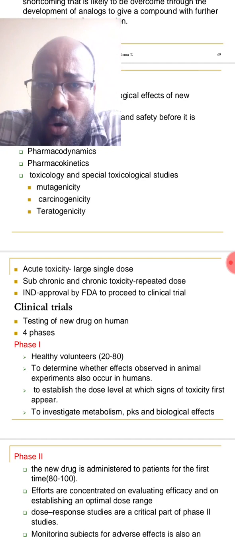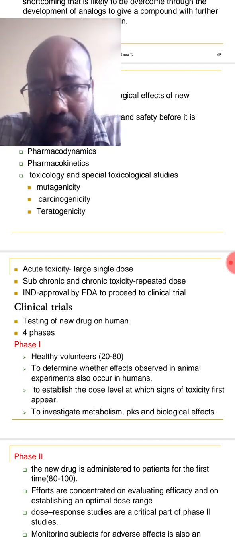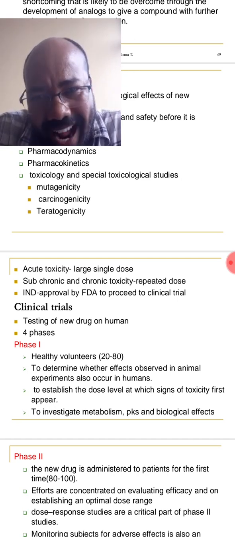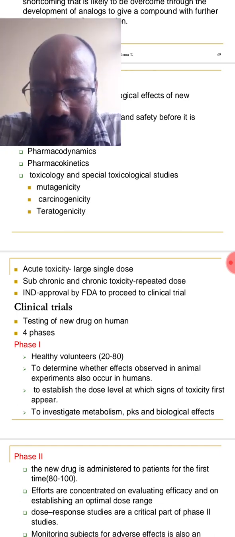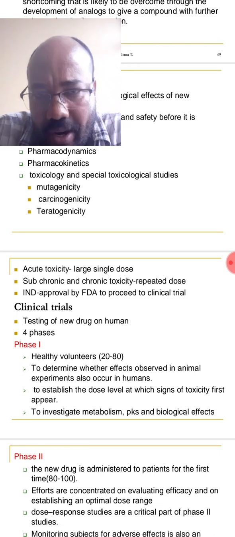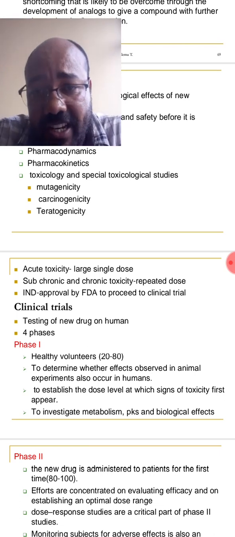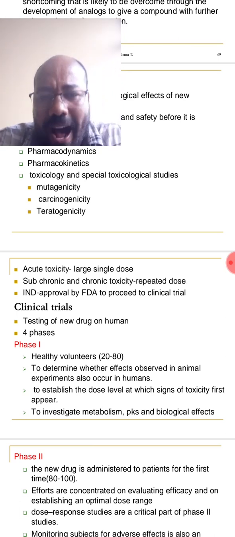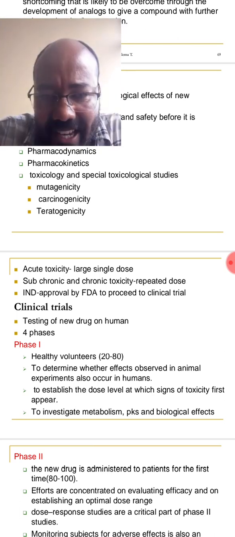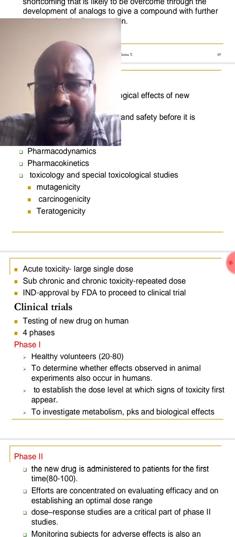That means if the drug has positive results in the preclinical stage, it is called an investigational new drug, IND. This investigational new drug is approved by the Food and Drug Administration to pass to the next stage, clinical trial. Under this, a new compound is tested in clinical trials on humans.